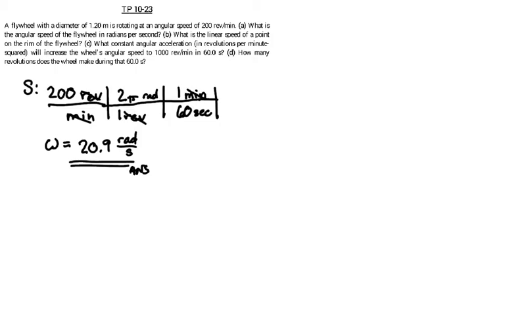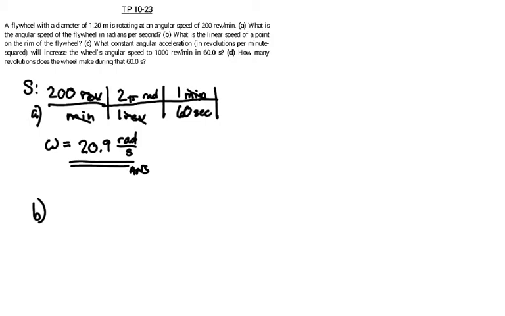All right, so let's move on to part B. Part B asks us to find the linear speed of a point on the rim of the flywheel. So as I mentioned, we have those link equations on the PRC. They relate the translational piece to the rotational piece.